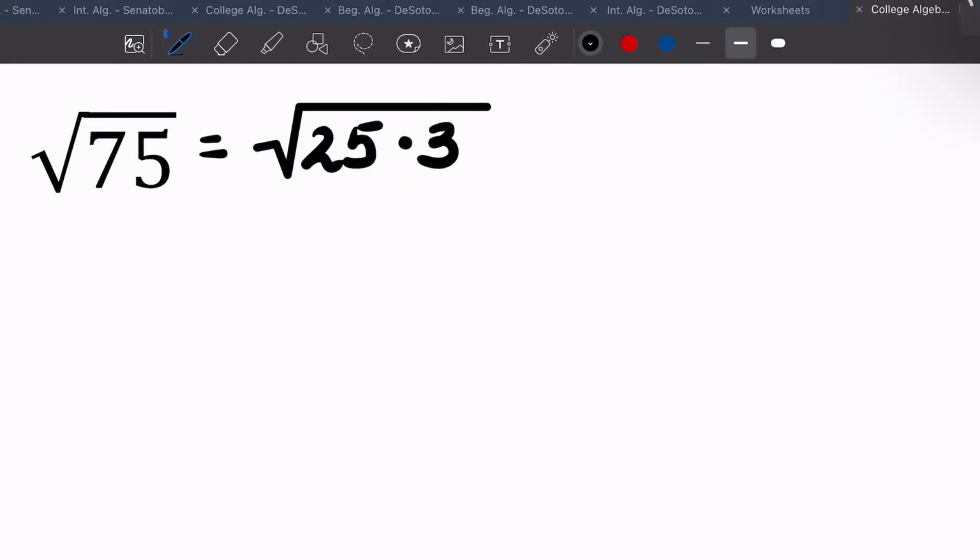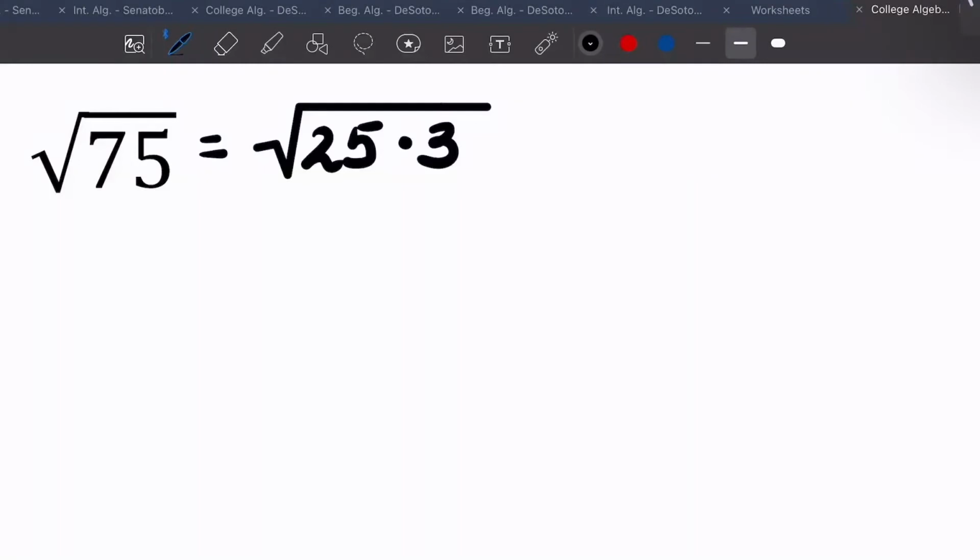And you say, okay, Ms. Kelly, that's great that you figured that out, but how am I supposed to figure that out? Well, just go down your list of squares and say, 4 can't go into 25, and 9 can't, and 16 can't. And then you get to 25 and you say, oh, 25 times 3 is 75. So that's what I need to split my number into.